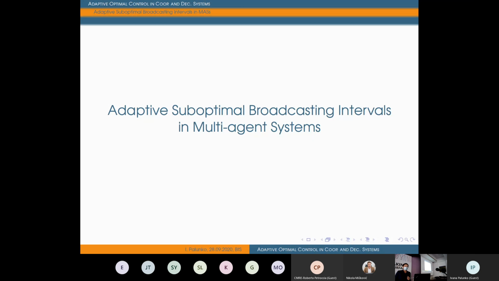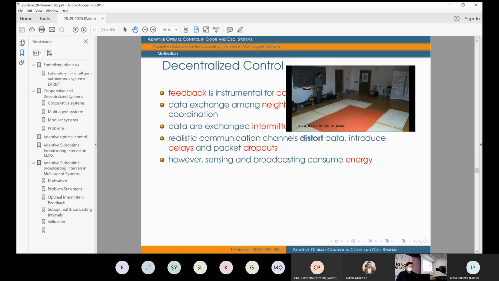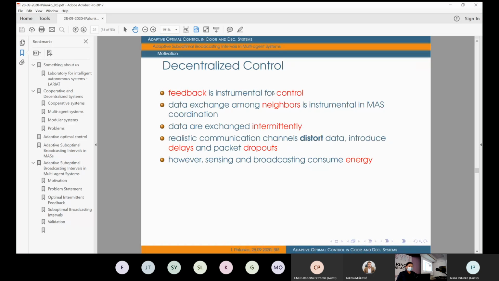So, if you have a multi-agent system, okay, sorry for this.